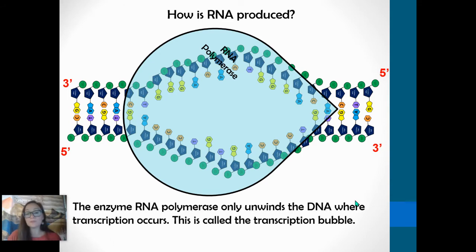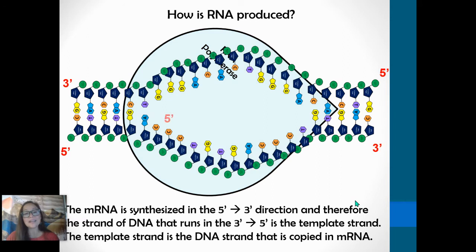Only one side will be used, and we call that one side the template strand. If you're in a more advanced biology class, the RNA is made from 5' to 3', so the DNA side we use will be the DNA side that goes from 3' to 5'. If you're in a general biology class, that's probably not too important to you right now.